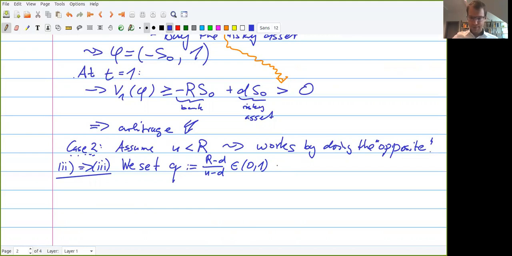So, right, if we define this Q like this, it is a number between 0 and 1, because of the assumption we made in II. And this means if we choose Q equal to this, 1 minus Q is equal to, so now we plug in the definition, minus D plus R, right?